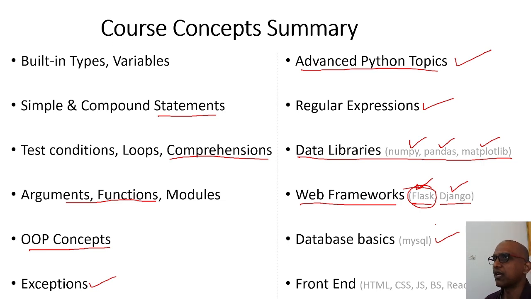We have different databases like Oracle, MySQL, SQL Server, MongoDB, PostgreSQL. So many databases, but we are going to explain database concepts using MySQL as an example, because MySQL is an open source database. We don't need to purchase any license to use MySQL. I can install it on my laptop and start using it.